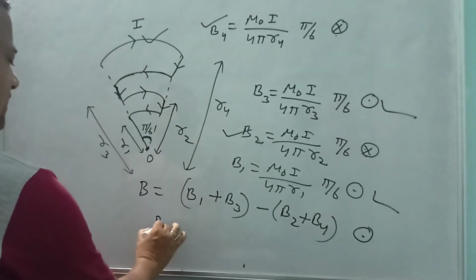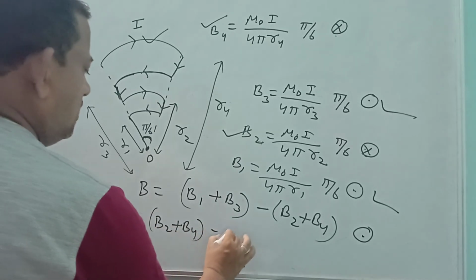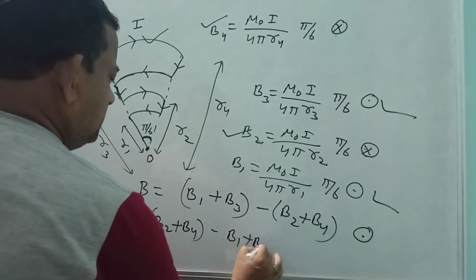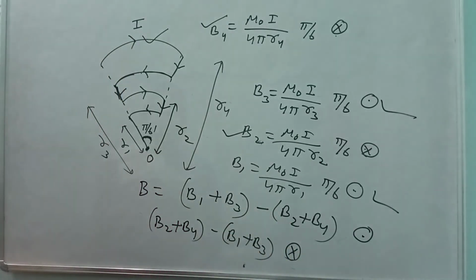If you take B2 plus B4 minus B1 plus B3, that will be in the inward direction. So in this way you can solve problems. Okay.